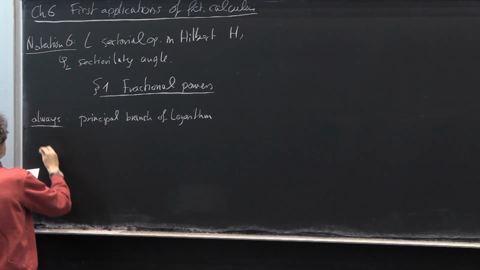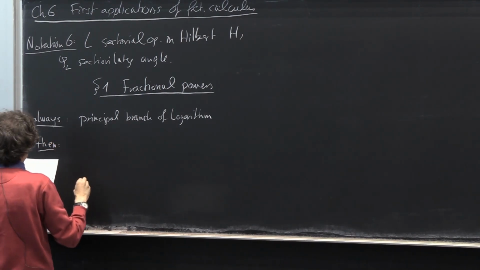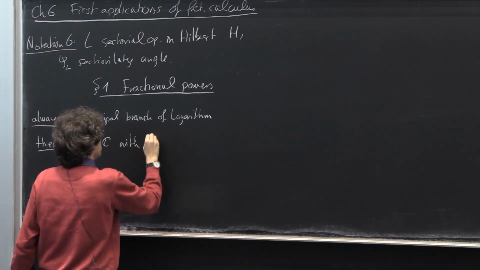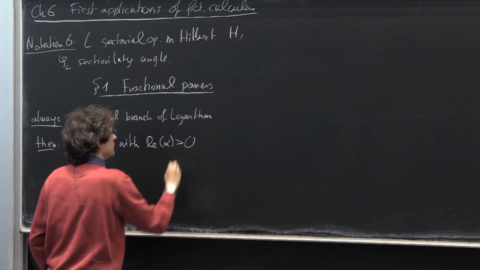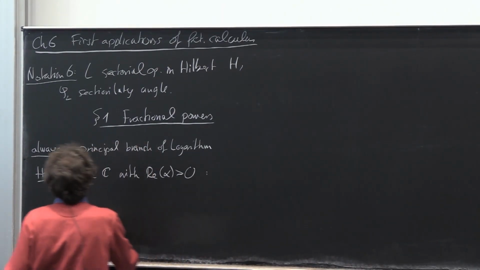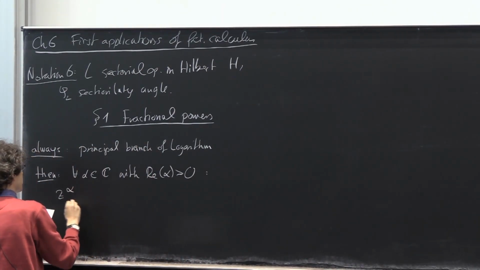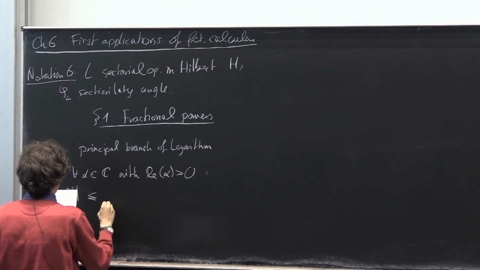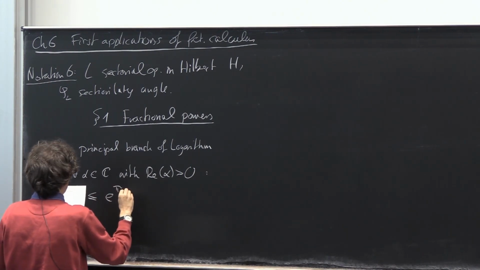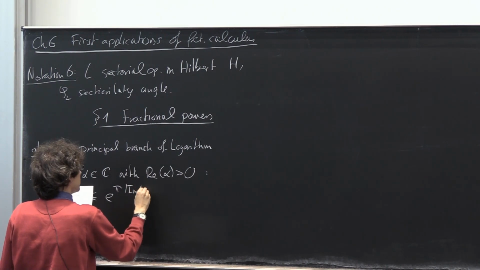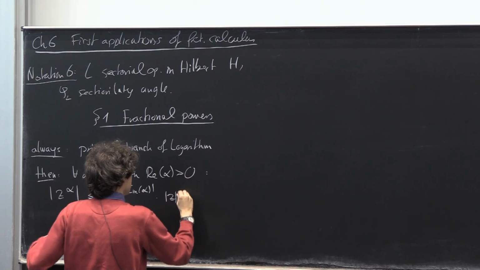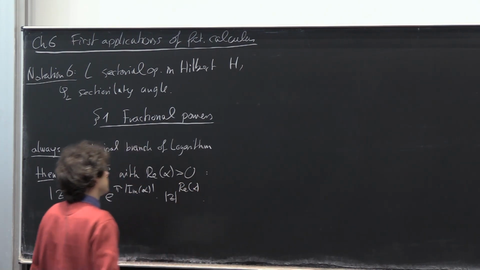And when you do this, then if you take some complex exponent alpha with a positive real part, and you take the function z to the alpha as a complex function and you look at the modulus, then this can be controlled by some constant e to the pi times the modulus of the imaginary part of alpha, times the modulus of z to the real part of alpha.